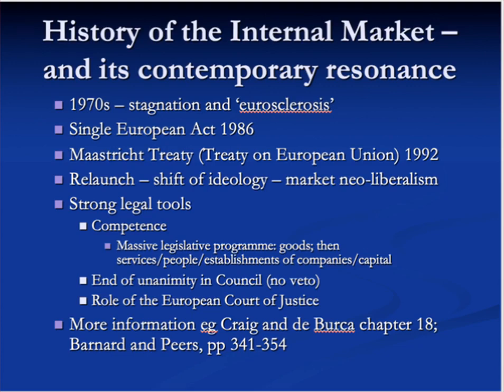So these revisions of the original treaty were the consequence of a broad political convergence among the key member states at the time, Germany, France, and Britain, and they moved towards the neoliberal goal of creating a single European market. The single market was very much supported by the British government at the time, which is the Thatcher government.